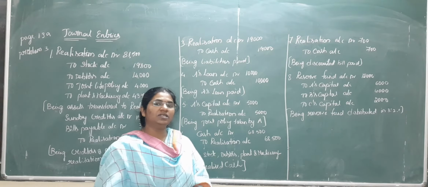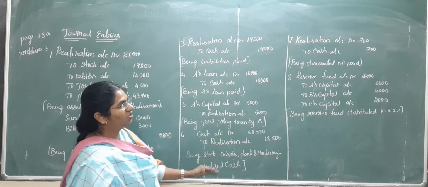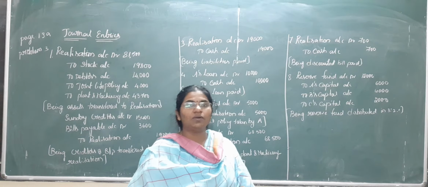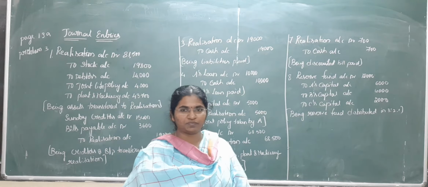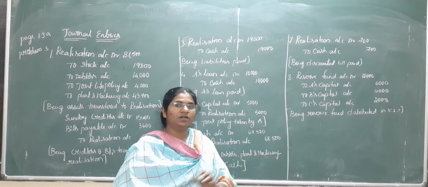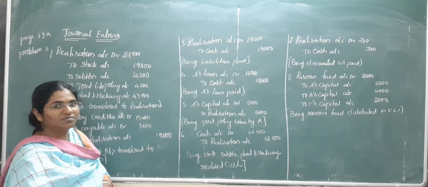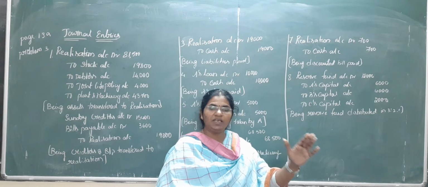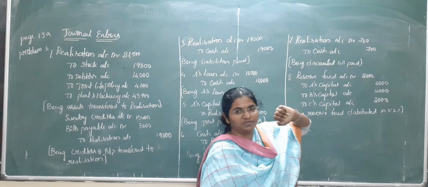Okay, one more adjustment is given. See, all these are adjustments. These are only given in the balance sheet. In our problem, they have given one more adjustment stating that the discounted bill which is dishonored was paid by the partnership firm. If you observe, the discounted bill is given as 1,000 and it is added in debtors. It was dishonored and paid by the firm, and if the partnership firm is paying any money, it will pay through the realization account by way of cash.